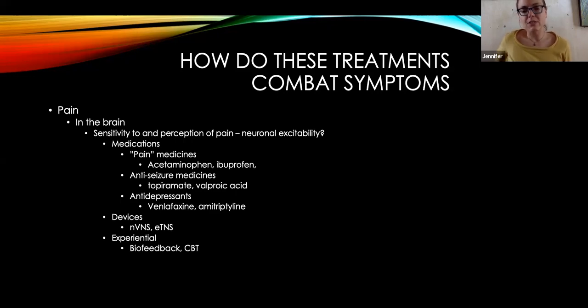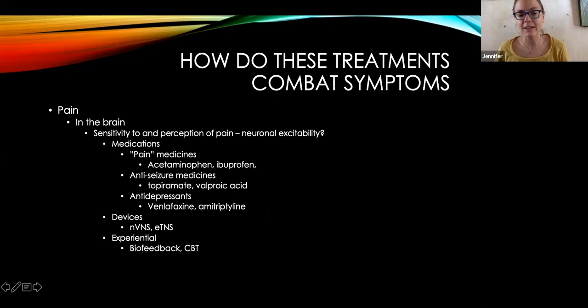We have medicines that you would think of as analgesic or pain medication, like Tylenol and ibuprofen. Unfortunately, opioids, which we never want to use to treat headache, fall in that category as well. We also have the anti-seizure medicines that probably work on those portions of the migraine pathway.